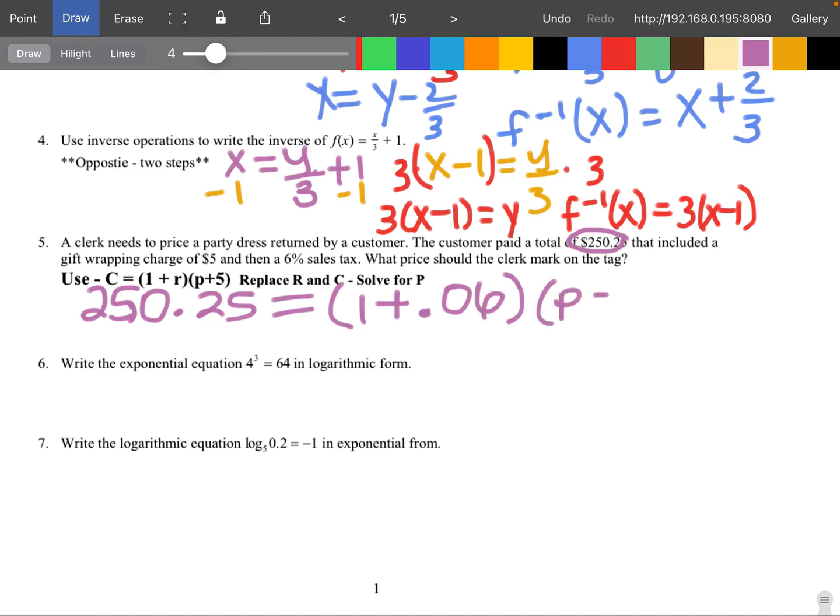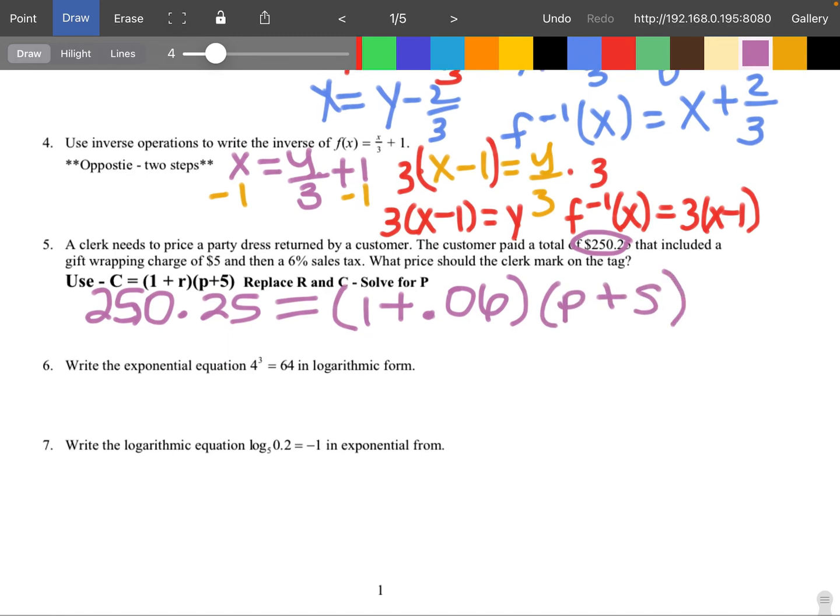I don't know what my price is, but I know I have to add $5 to it for the gift wrapping. So this is my equation. 1 plus 0.06 is the same thing as 1.06, so I could rewrite that. So 250.25 equals 1.06 times (p plus 5).